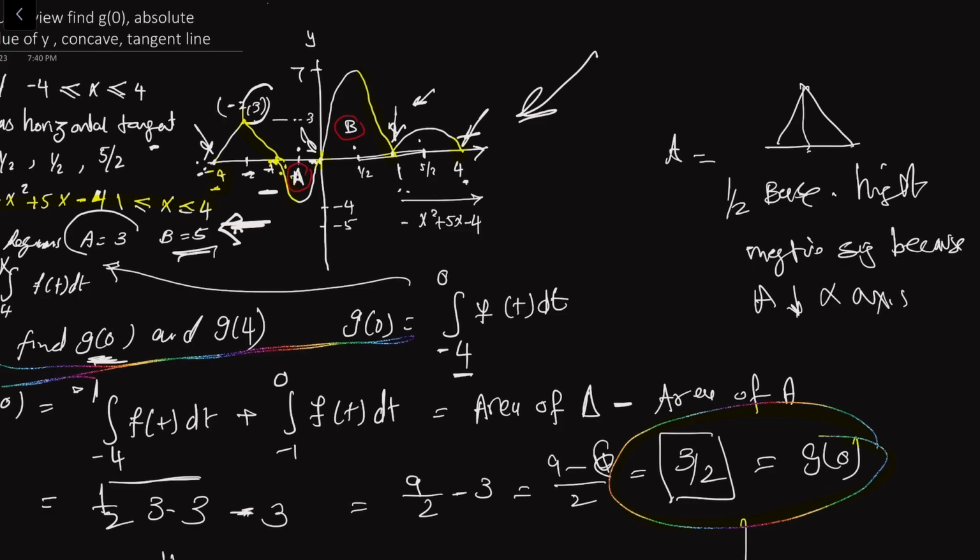Here downward, slope is negative. So it's from -2 to -1, union -1 to 1/2, union 1/2 to 1, and union from 2.5 to 4.